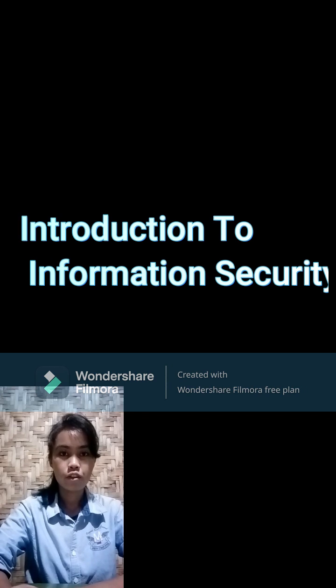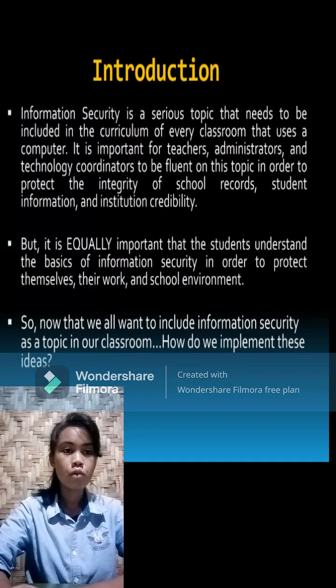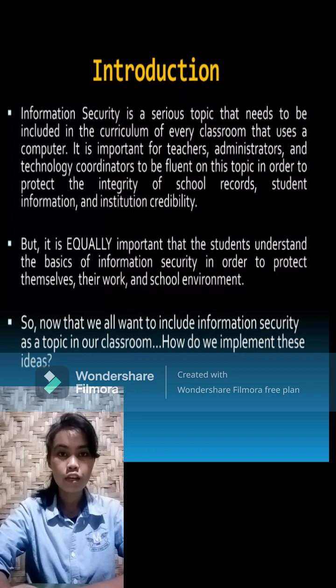Introduction to Information Security. When we talk about information security, it's a serious topic that needs to be included in the curriculum of every classroom that uses a computer. It is important for teachers, administrators, and technology coordinators to be fluent on this topic in order to protect the integrity of school records, students' information, and institution credibility.